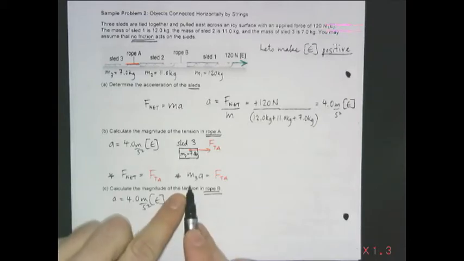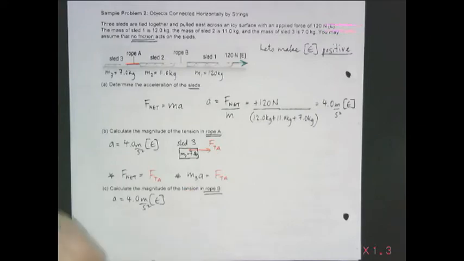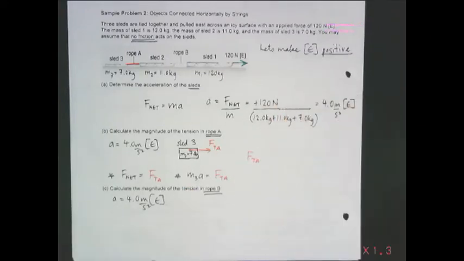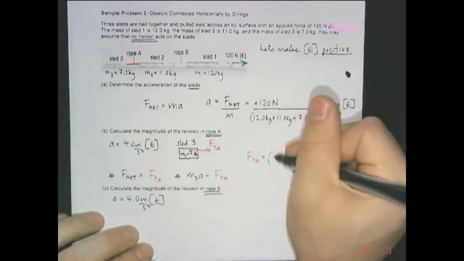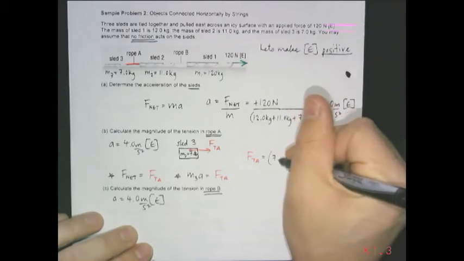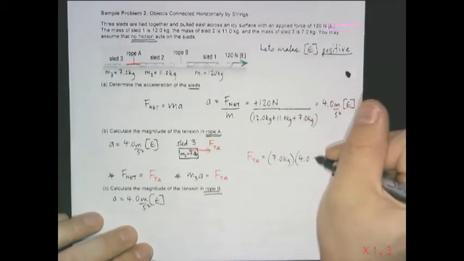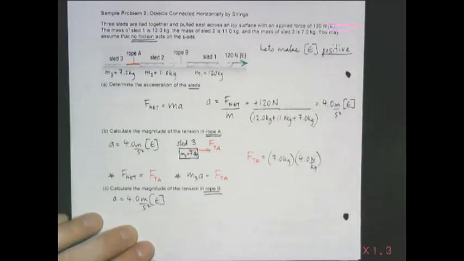We have the mass of this object, and we have the acceleration of this object. So tension A is going to equal mass 3 is 7 kilograms, and the acceleration is 4.0 newtons per kilogram. It's positive because it's implying that it's going to the right.